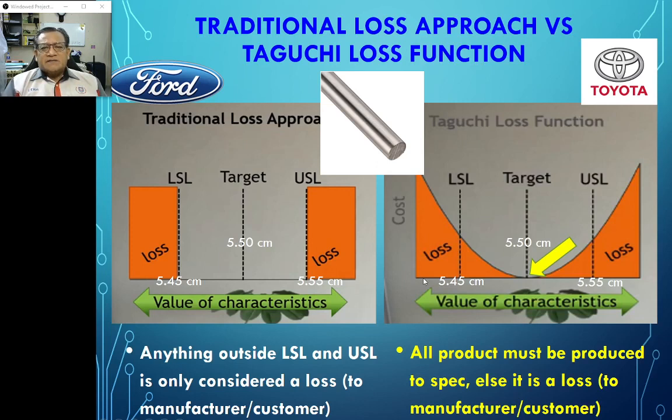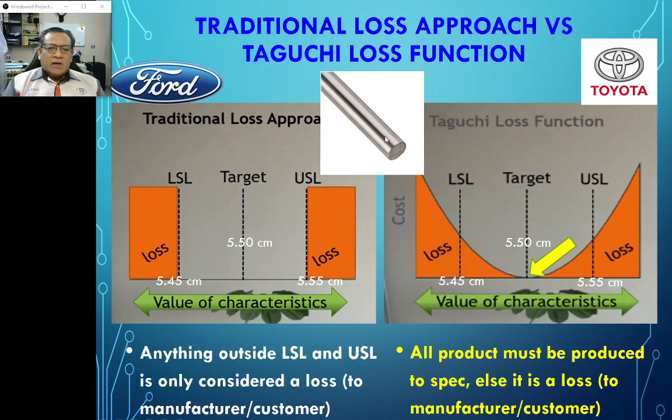So as time passed, Dr. Taguchi thought of another way of managing this kind of variation. If this rod is slightly bigger, it will still work with the customer's assembly equipment. However, it is kind of tight, so Dr. Taguchi thought that is not right for the customer. What if this iron rod is slightly smaller?